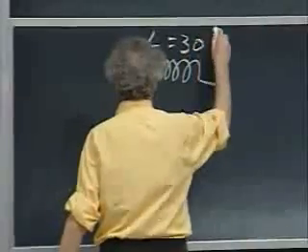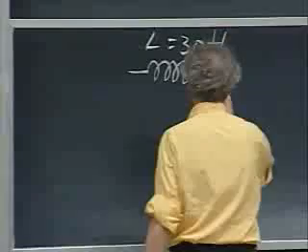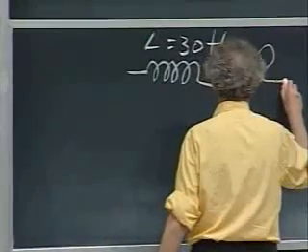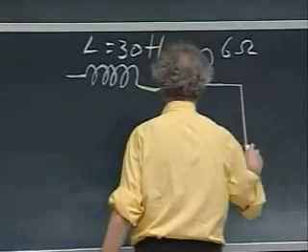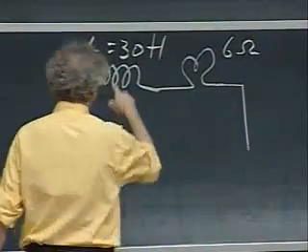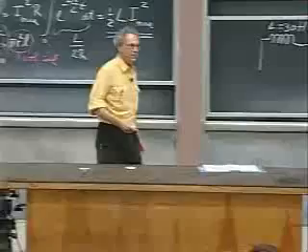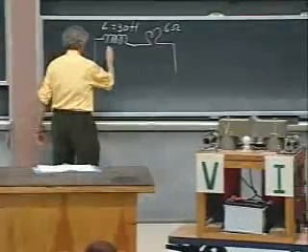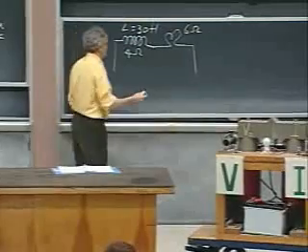We will learn later in the course how you make such a high self-inductance. And then here is a light bulb. The light bulb has a resistance of 6 ohm. This self-inductance, there is nothing we can do about it, happens to have 4 ohm resistance. We don't have superconducting wires here. So it also has a resistance of 4 ohms. Forgive me for that, but there's nothing I can do about it.